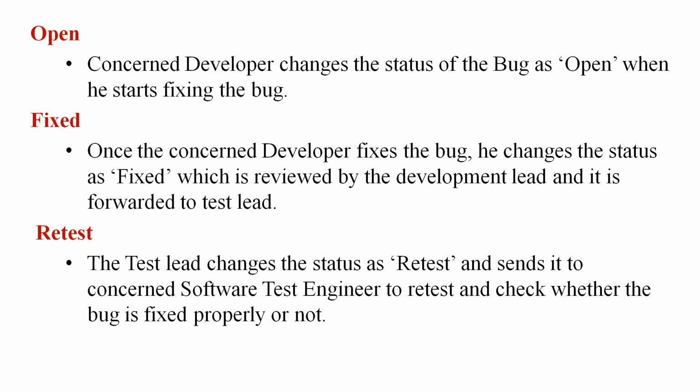Once the defect is fixed by the software developer, the concerned software test engineer will retest that defect. The status will be assigned as retest by the test lead or sometimes software test engineers also. Right? This is for confirmation testing, whether the bug is fixed properly or not.